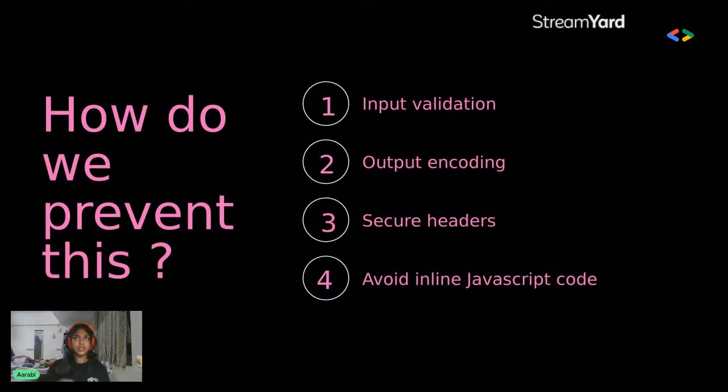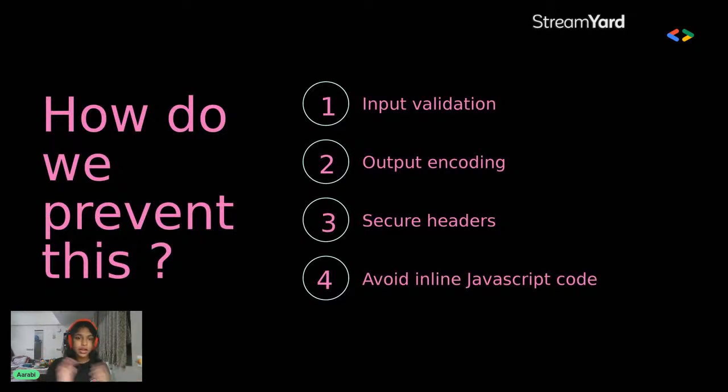Another thing you can do is tell your browser which sites and sources you consider trustworthy. This is done through a header called Content Security Policy, CSP for short. It basically tells your browser which resources it can load onto your page. So it prevents cross-site scripting attacks by only accepting content from sources that you trust.